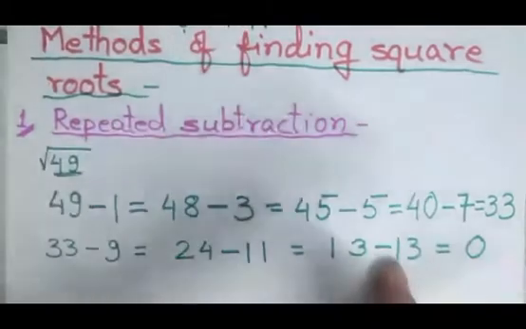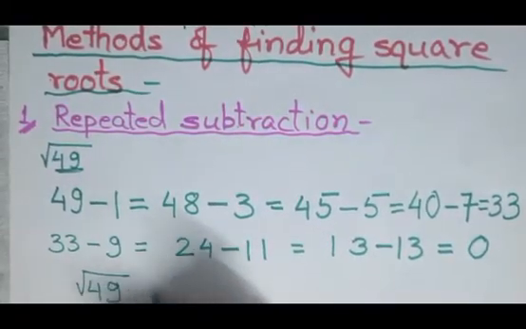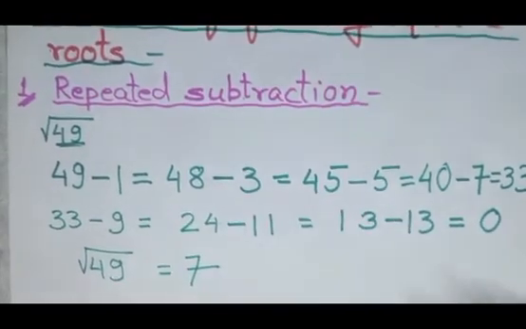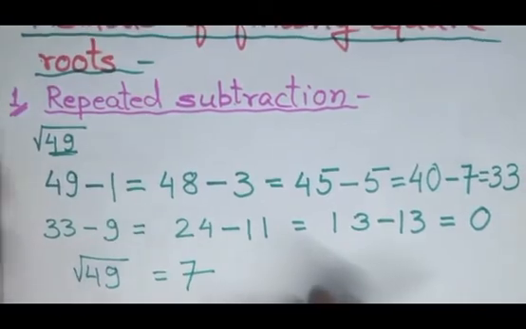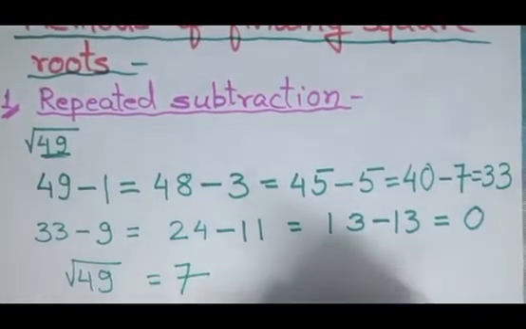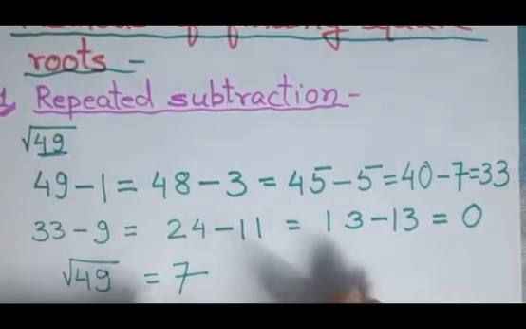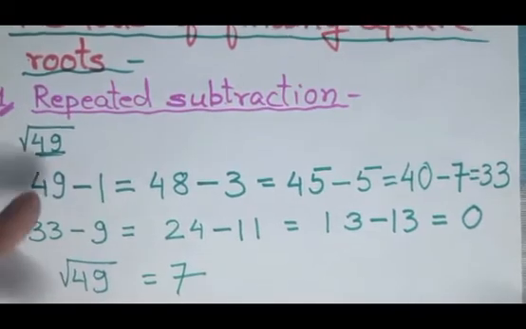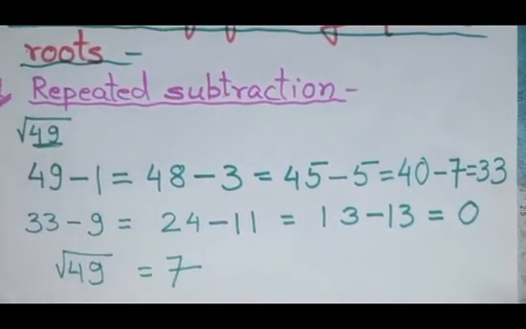So the square root of 49 will be 7. This way we can find the square root of numbers by the repeated subtraction method. But it is not fruitful for larger numbers. It is better to use this method only for smaller numbers, up to 2-digit numbers only.